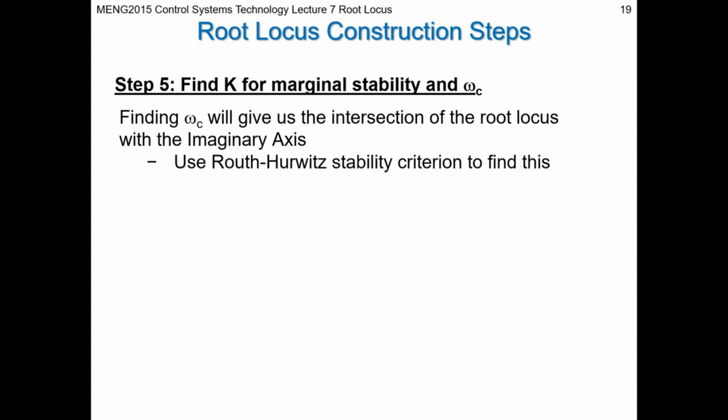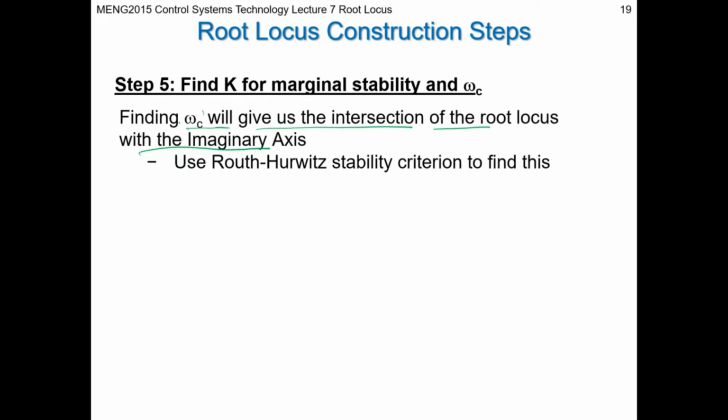Let's find the value of k for marginal stability and omega c, which is the critical natural frequency. But finding omega c also gives us the intersection of the root locus with the imaginary axis.